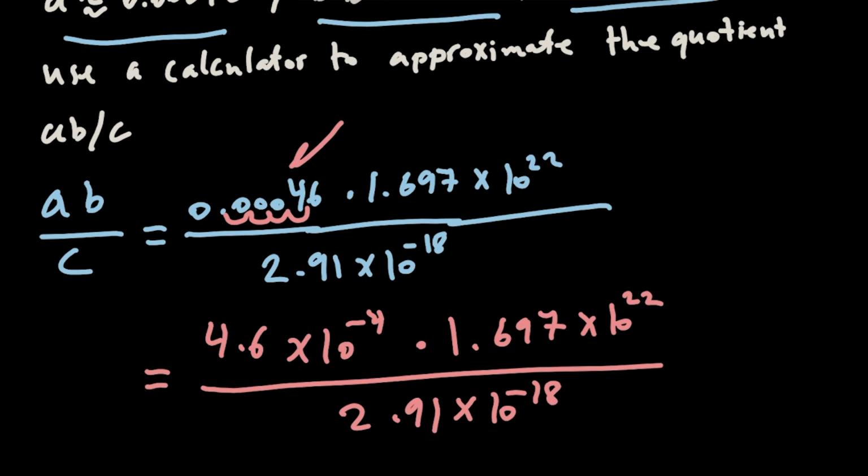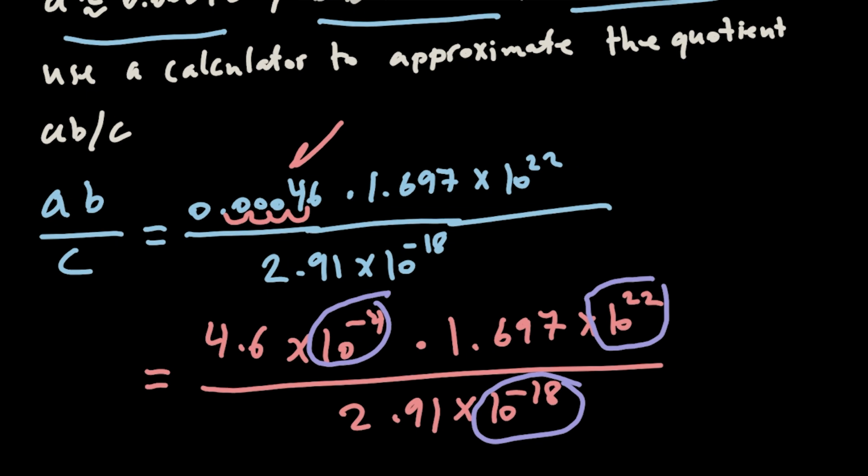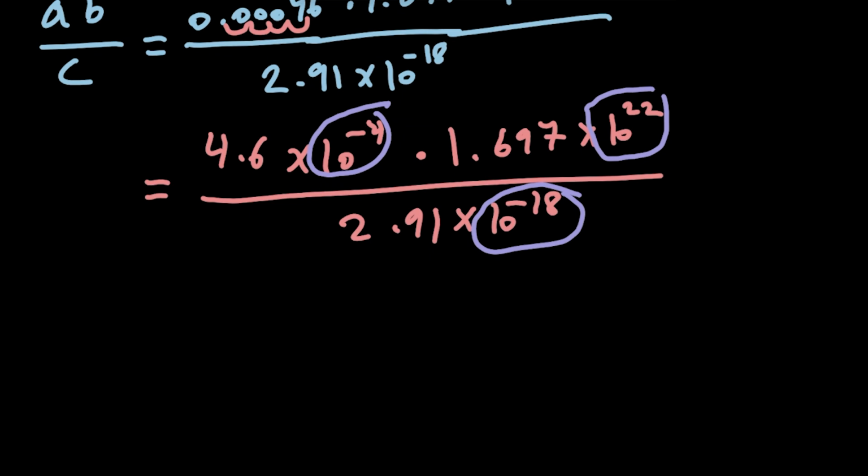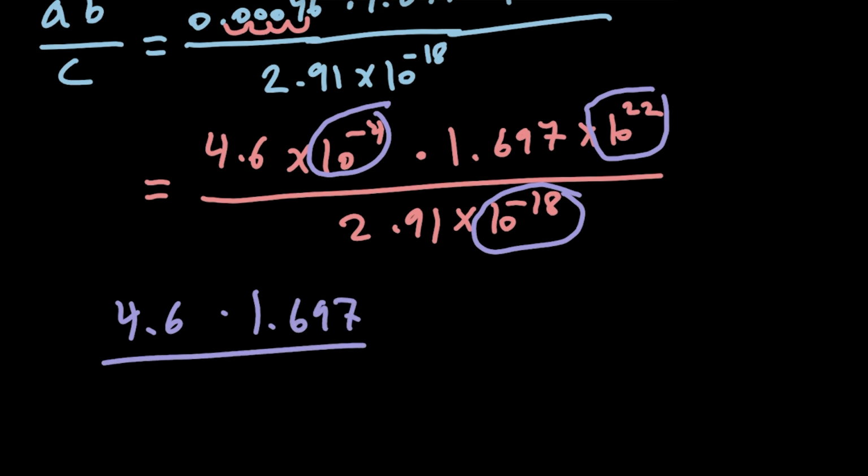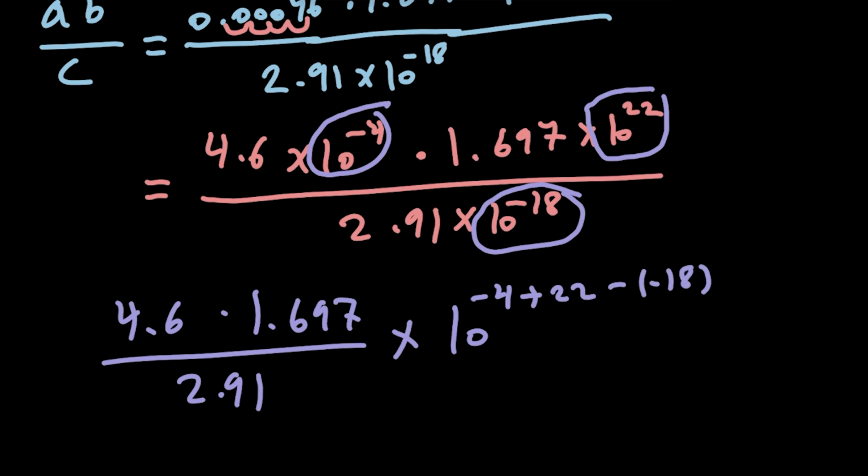Okay, so now you can notice that here we have 10 to the power minus 4, here we have 10 to the power 22, here we have 10 to the power minus 18. We can just rewrite them and separate them. So here we'll have 4.6 multiplied by 1.697 over 2.91. And then we'll multiply all of this by 10 to the power minus 4 plus 22 minus 18.